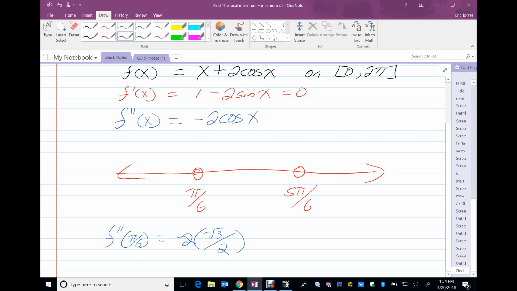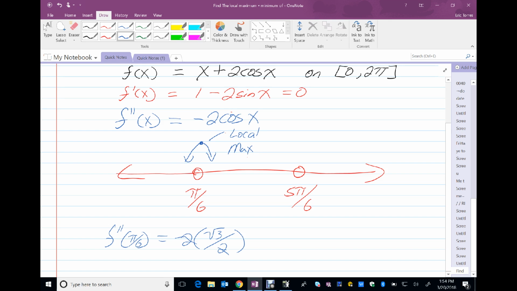The 2's drop. All I'm interested in, it's negative. My second derivative is negative at this point, which means the function is concave down at this point, which means this point is a local maximum.